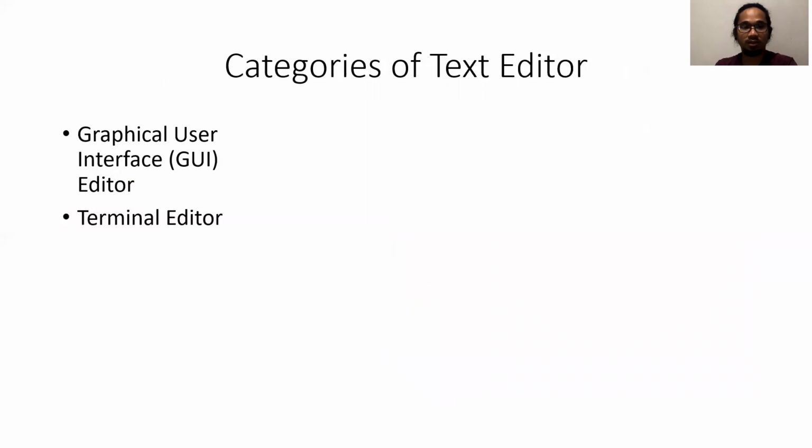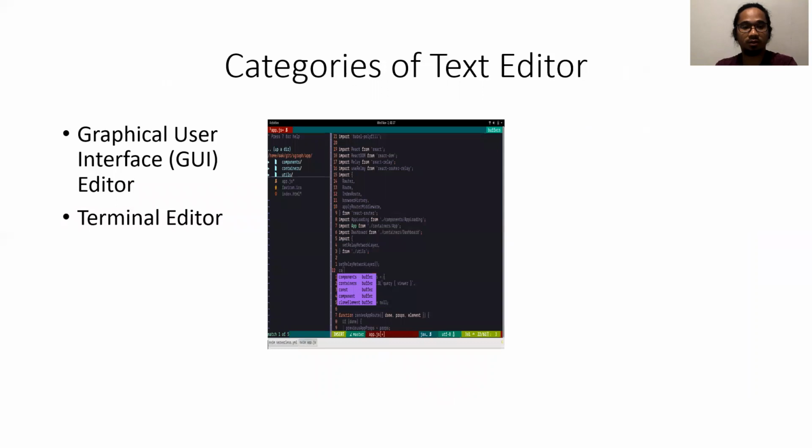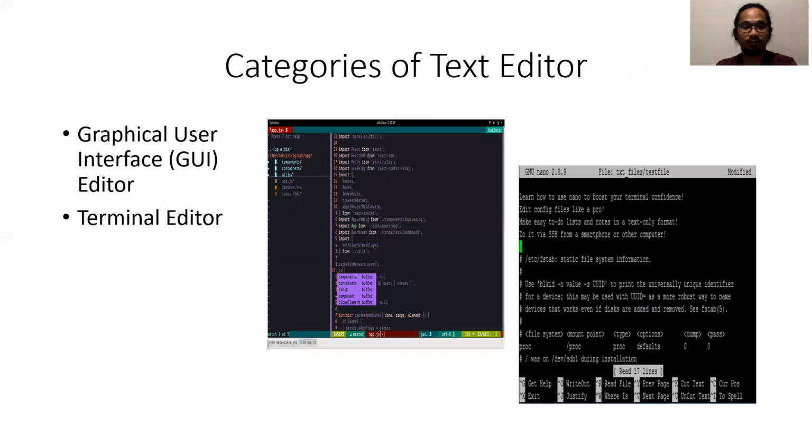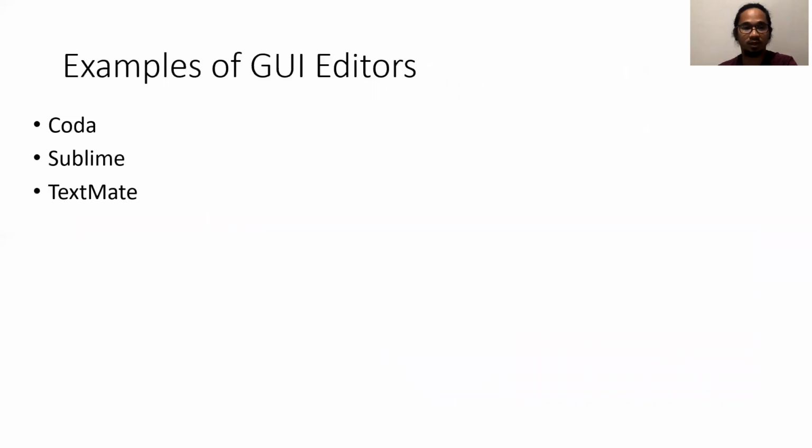A graphical user interface is a computer program that enables a person to communicate with a computer. A terminal editor is hardware that sustains a user interface between a user and a computer.